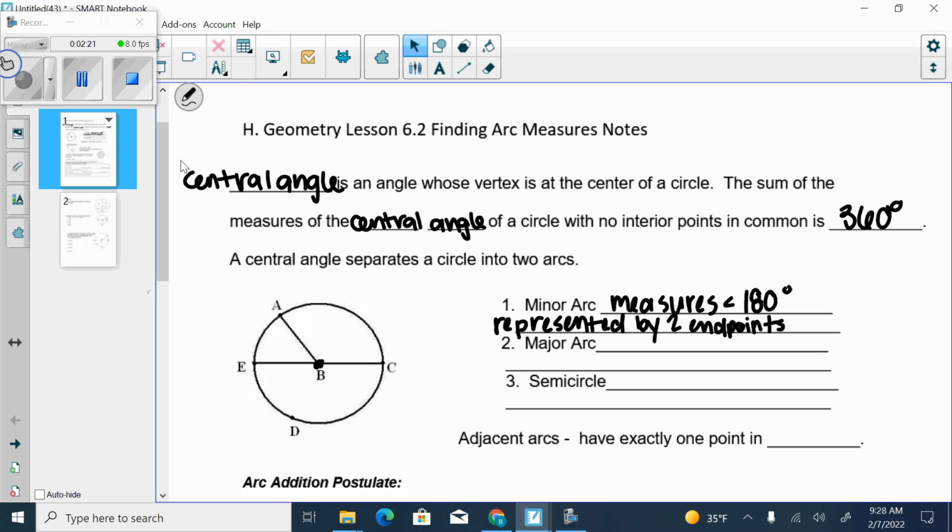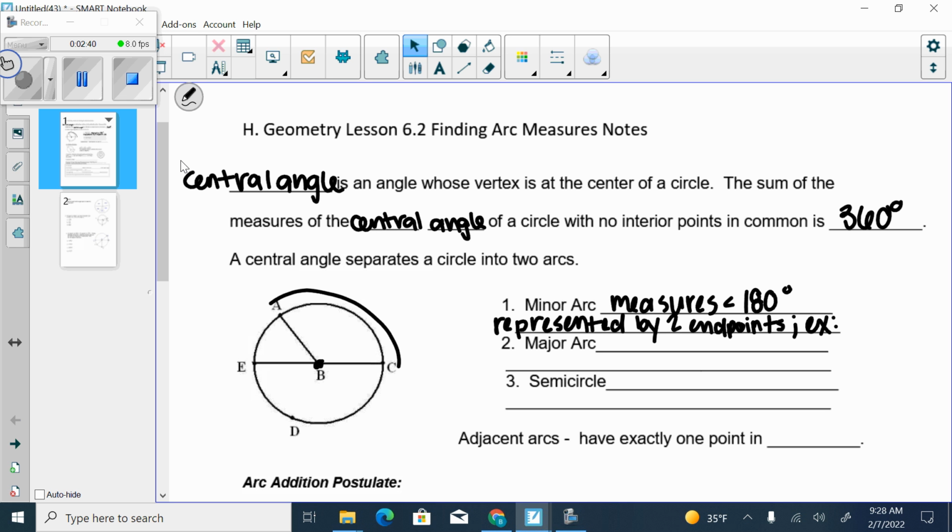An example of a minor arc might be from point A to point C. We can visually see on this circle that that is less than half the circle, therefore it's less than 180 degrees.